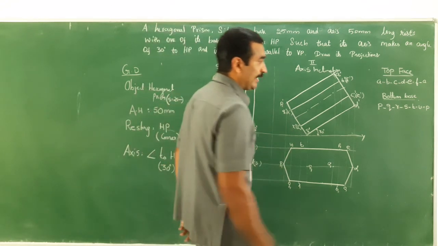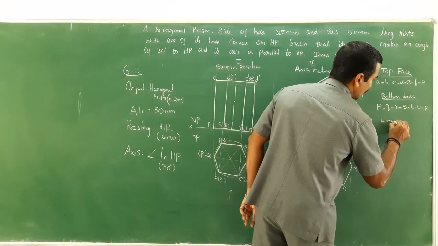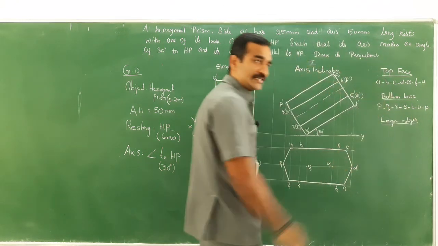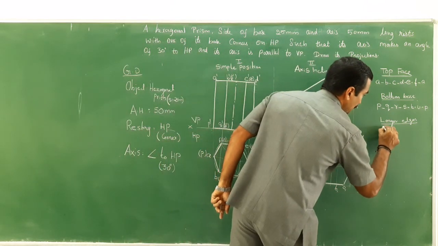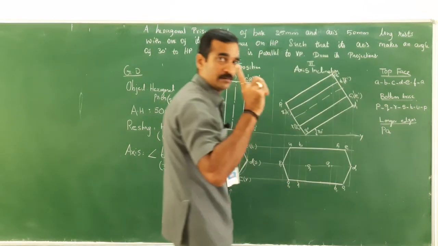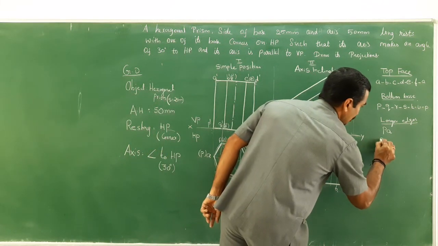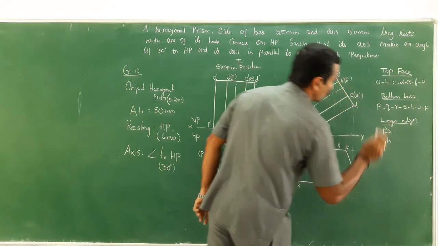Next come the edges, that is the longer edges. What are longer edges? Look at here. PA, which is a longer edge. So PA is 1. QB is next. PA, QB.